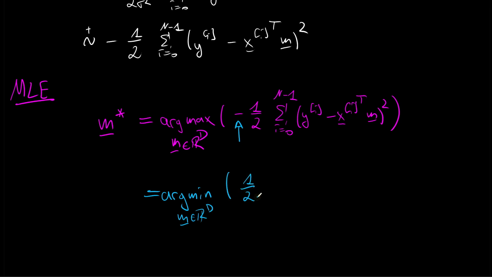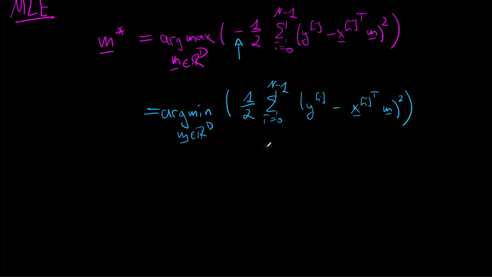And then we will here have a 1/2 summation from i=0 to capital N minus 1 of (yi minus xi transpose times m) in brackets squared, and then a closing bracket again. And this is similar to the one-dimensional case. This is our least squares loss. The difference here in comparison to the 1D case is that we have a scalar product instead of just a multiplication, but so far those are quite similar.